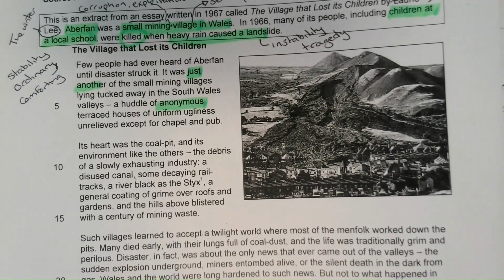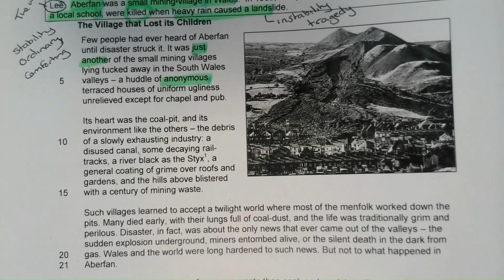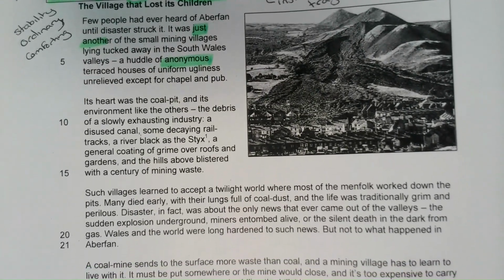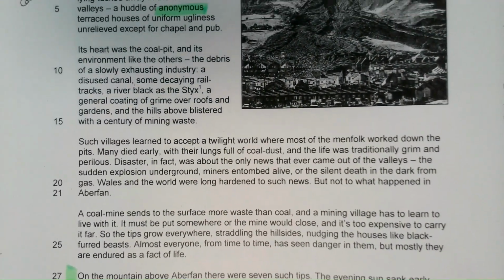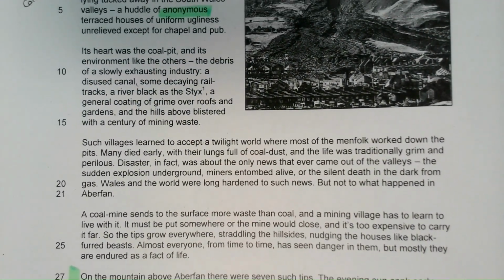Nothing unusual is being flagged in that first paragraph. And I think maybe why is the writer doing that? It's to highlight the fact that this is just a normal place. Almost as if extraordinary events can happen to anybody, regardless of how stable their life is.